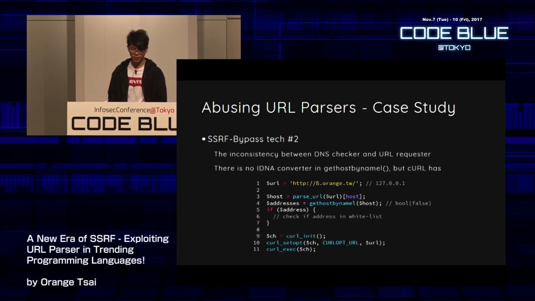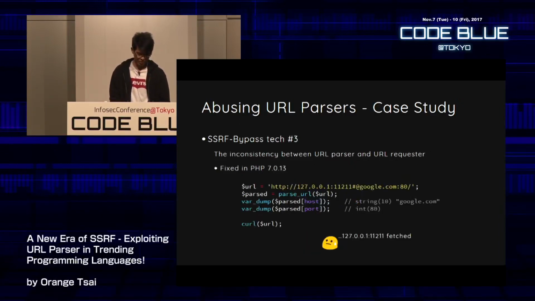You can see for the URL, gethostbyname will return false and pass the check, but curl still fetches 127.0.0.1.